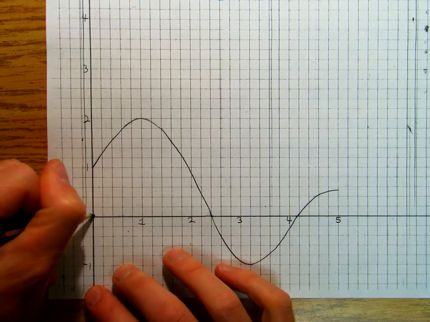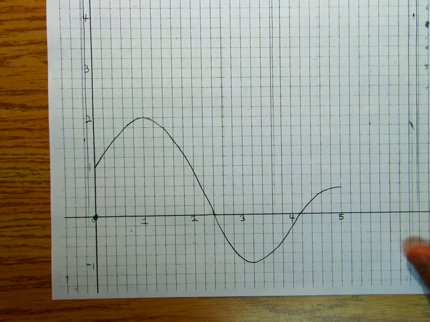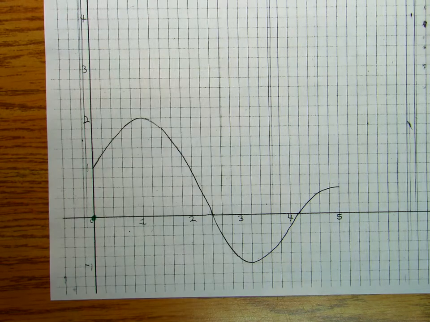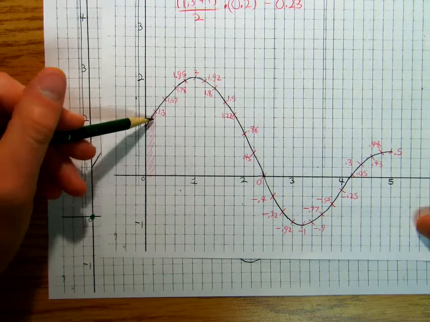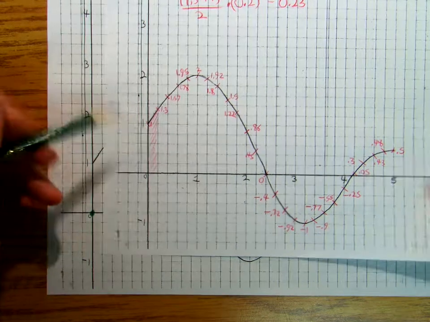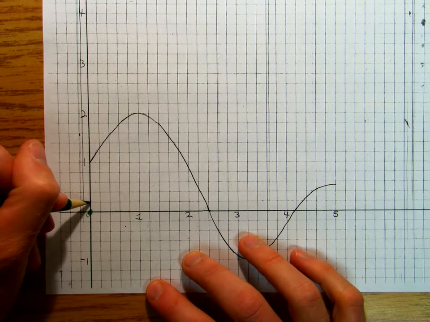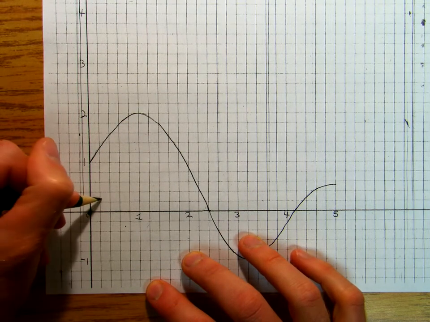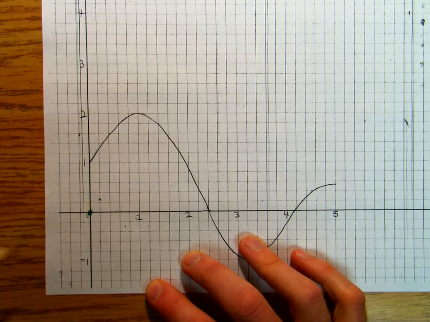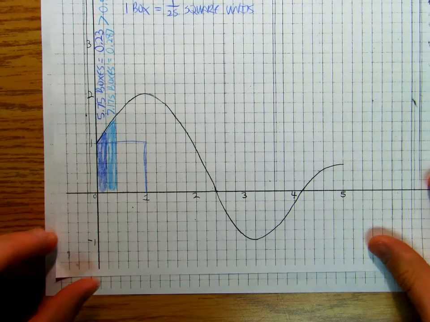So, how much area do I have per row? Well, at the start I don't have any area. Now, I determined in a couple of different ways that the first column is 0.23. So this is 0.2, so I'm going to make a point right there.